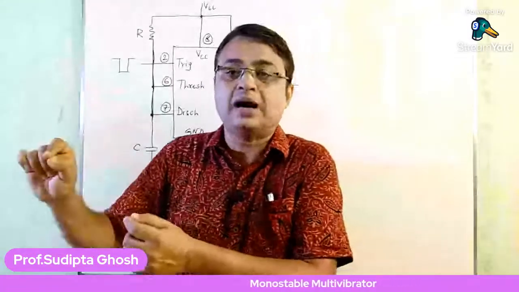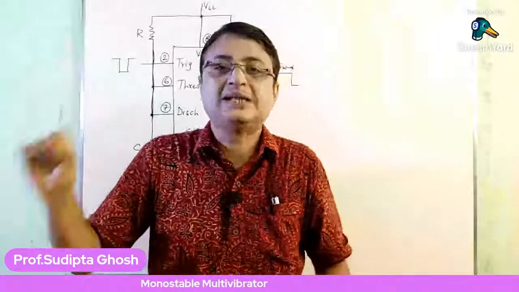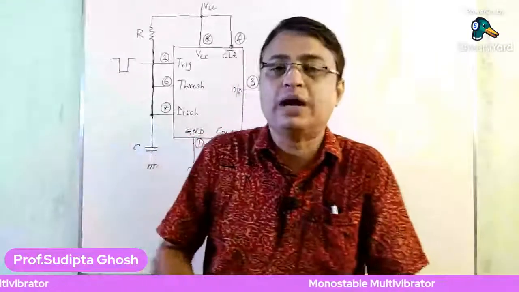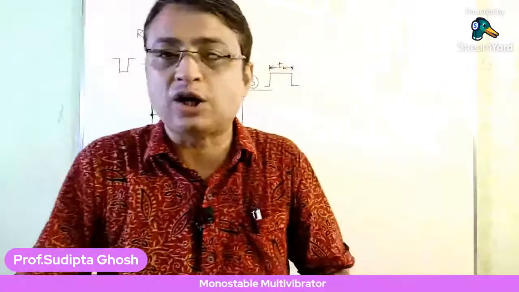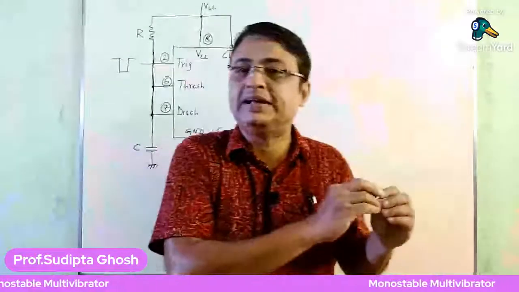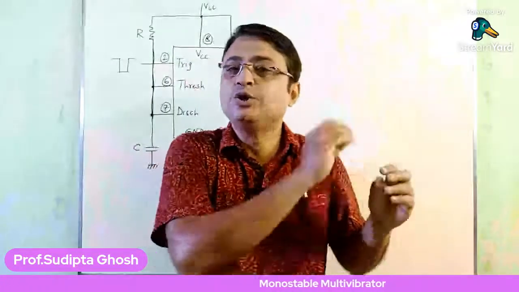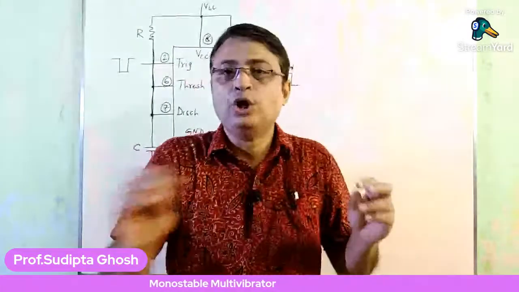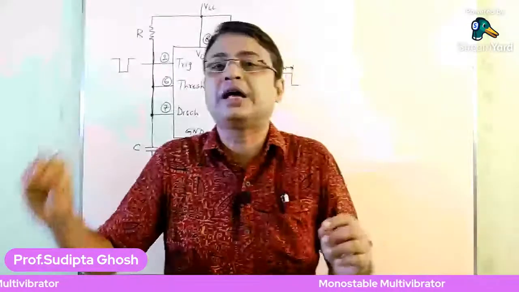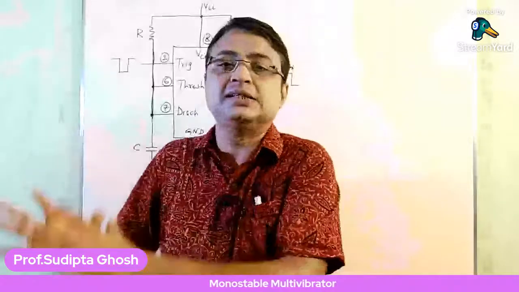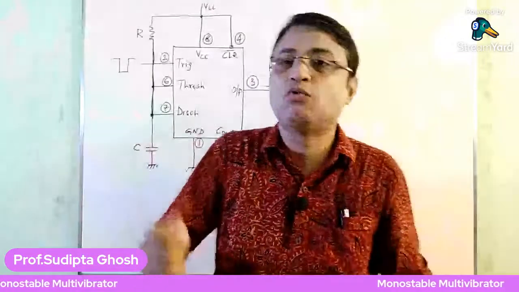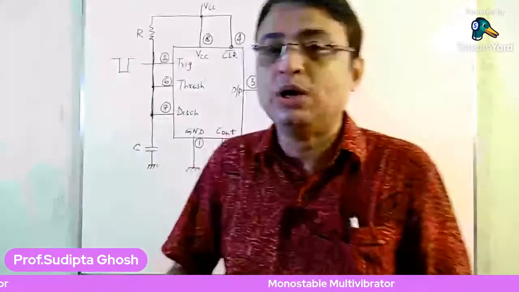Now as Q bar is low, it will make the transistor Q1 go into its cutoff state. So that means pin number 7, the discharge pin, has no current allowed to pass through the Q1 transistor, as it is in its cutoff state. Now what is the voltage value at pin number 7?